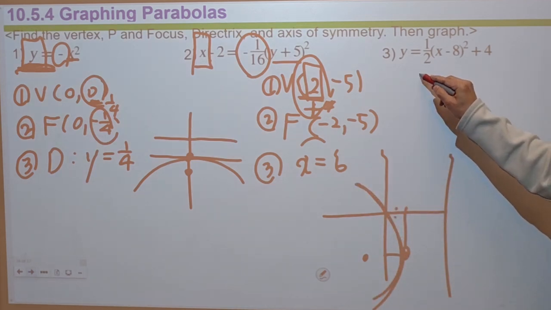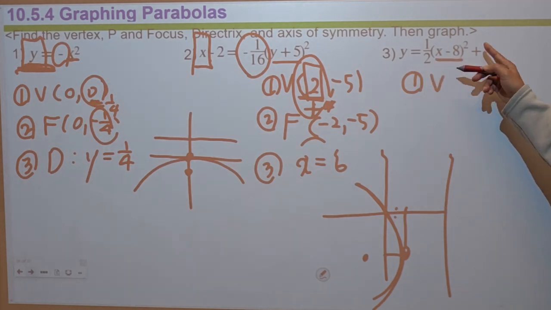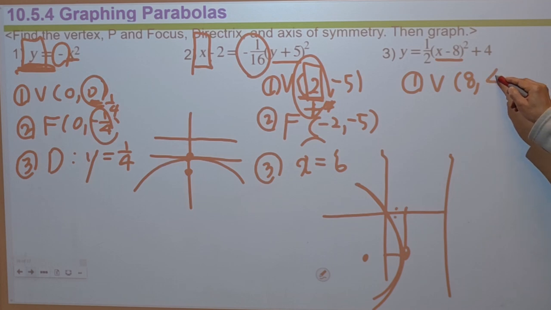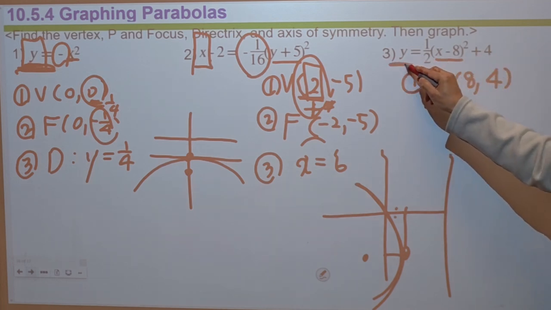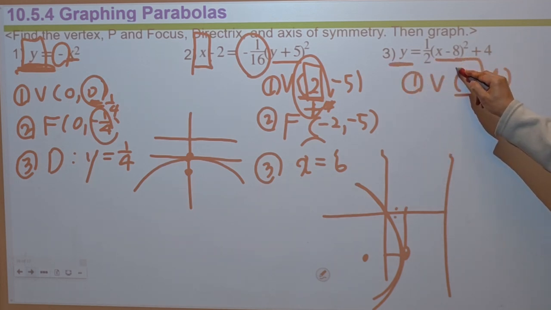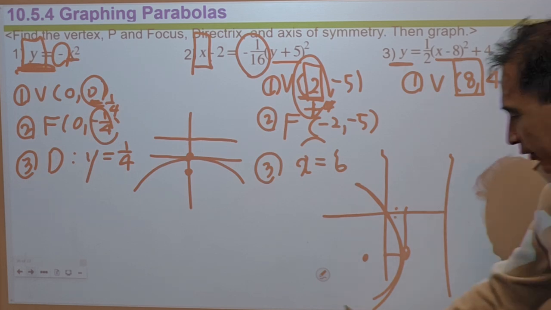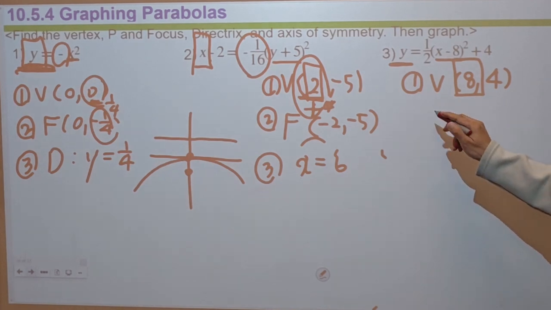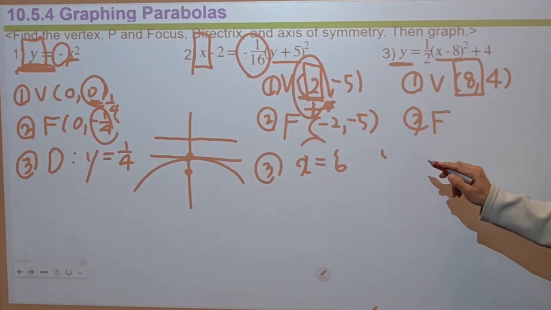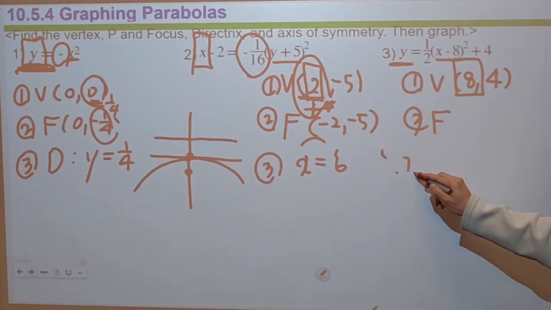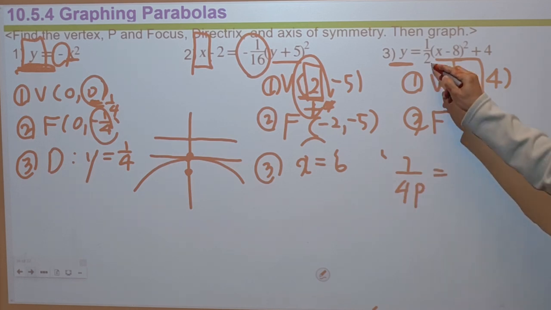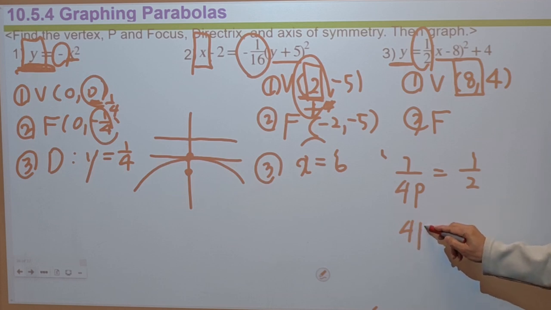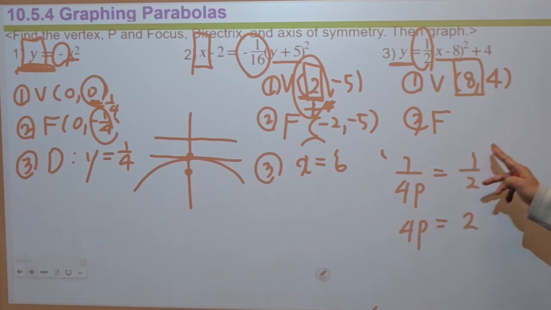And here, the vertex comes from making the inside of the squares 0: x equals 8, y equals 4. So the vertex is (8, 4). Because this is y equals, the focus is on the y-axis, so I box it there. To find the focus, we need to find p. So 1 over 4p equals 1/2. We flip it: 4p equals 2, reciprocal, or cross multiplying.